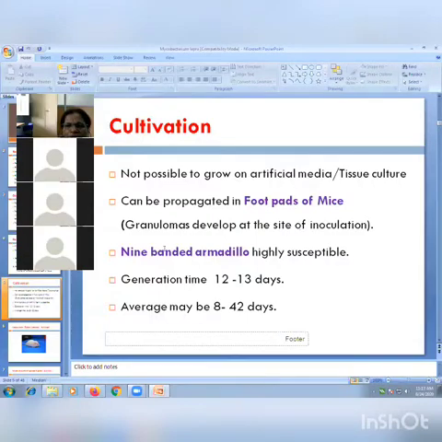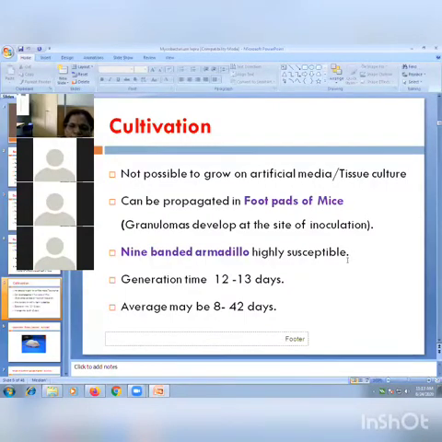They develop a granulomatous lesion in the mice, but the proper animal which is used for growth of this bacilli is called the nine-banded armadillo. Nine-banded armadillo means an animal having bands on the body. This animal is not available in our country and it is very costly.